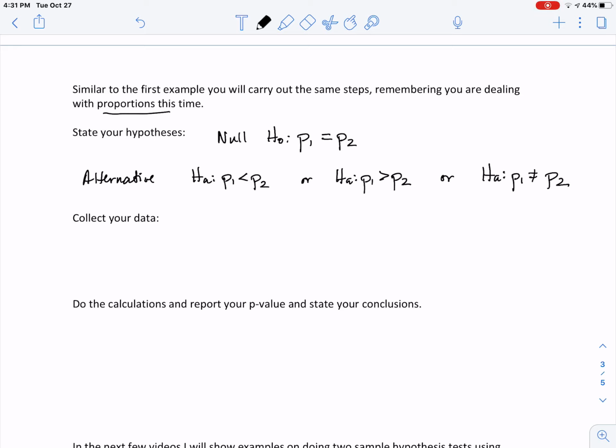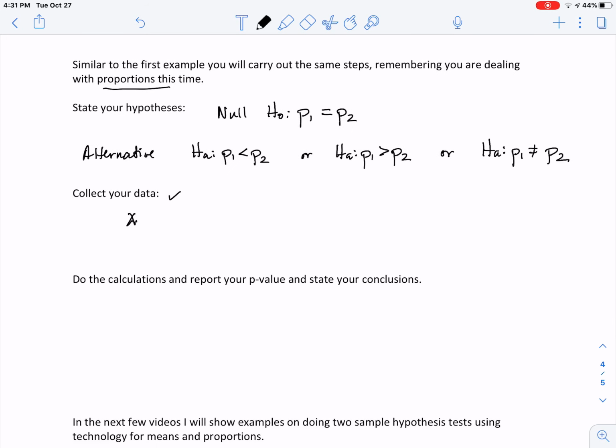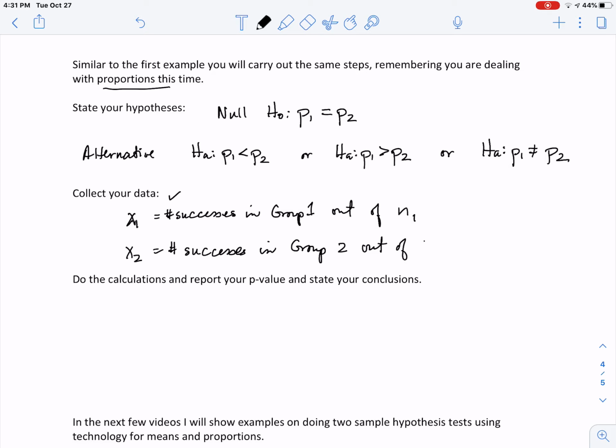Then once we state our hypotheses, we collect our data, and we're going to have an x1, which is the number of successes in group 1, out of n1, and we're going to have x2, this is the number of successes in group 2, out of n2.